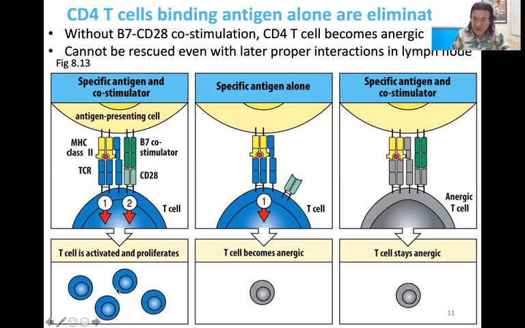All right, so that's what we've been talking about up until now. But what would happen if, for example, that same T cell wandered around and encountered another cell that was presenting antigen, the same red dot on MHC2, but that other cell doesn't have the B7 co-stimulator protein on its surface? So there's nothing for the CD28 over here to bind to.